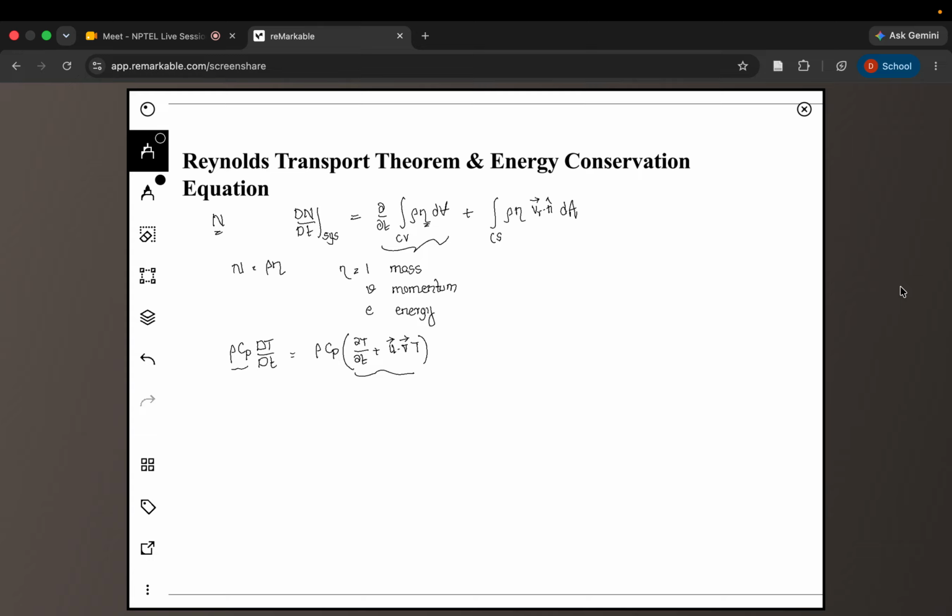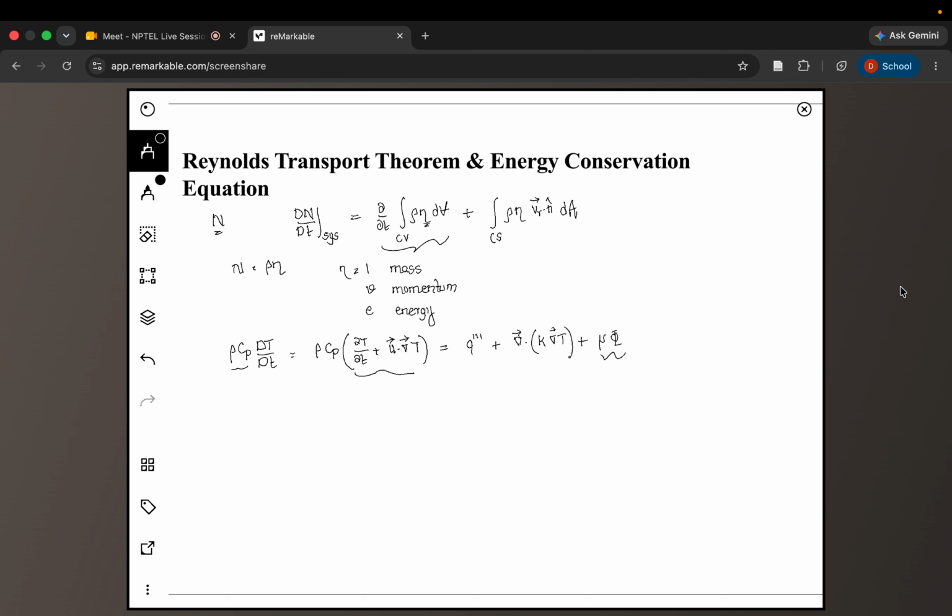But when I say incompressible flow, what it essentially refers to is that the flow has Mach numbers less than 0.3, which boils down to rho not being a function of pressure. So rho can be taken out, and we have this equation: the total derivative of the internal energy change is given by the heat generation within the control volume, and then heat transfer due to conduction, which is del dot thermal conductivity times del T, and then one more term, which we will be neglecting most of the time in this course, except for a couple of weeks.